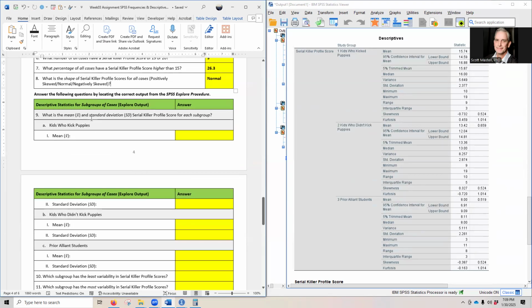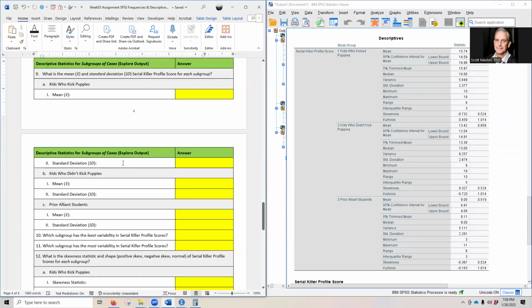What is the mean and standard deviation of the serial killer profile score for each subgroup? For kids who kick puppies, the mean is 15.74 and the standard deviation is 2.377.